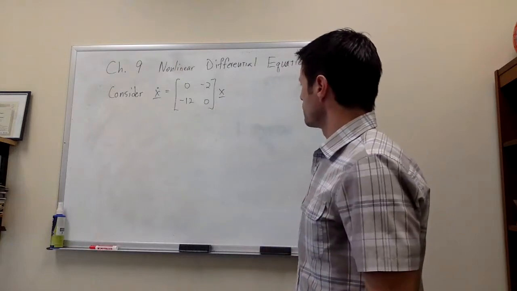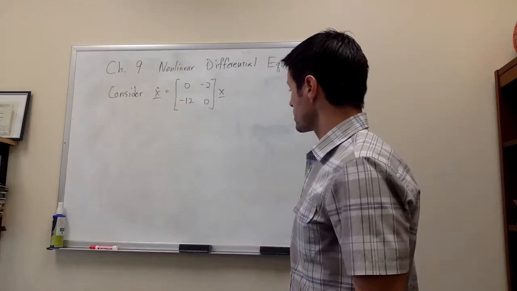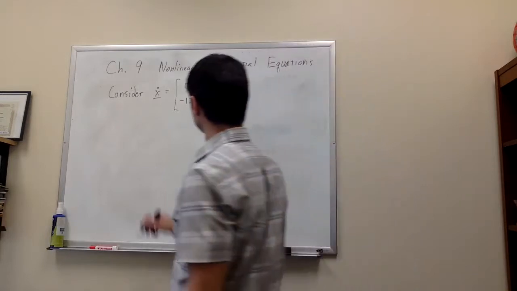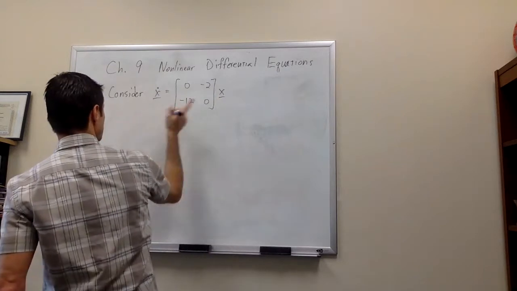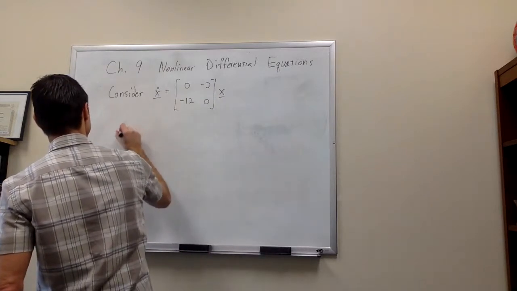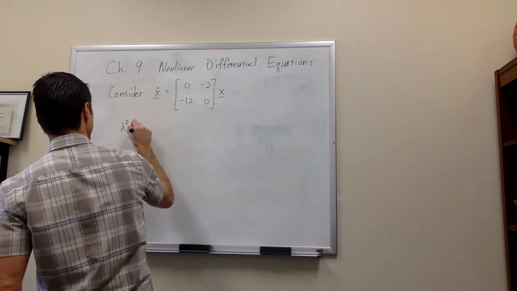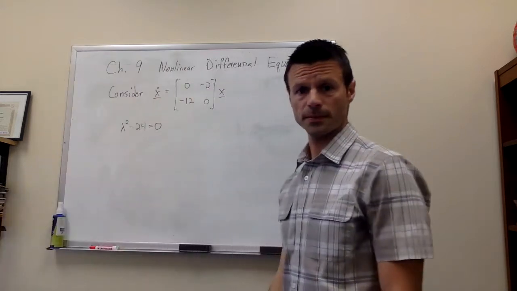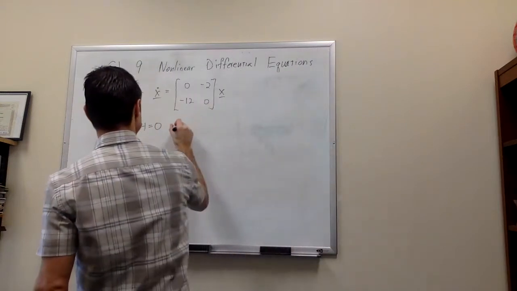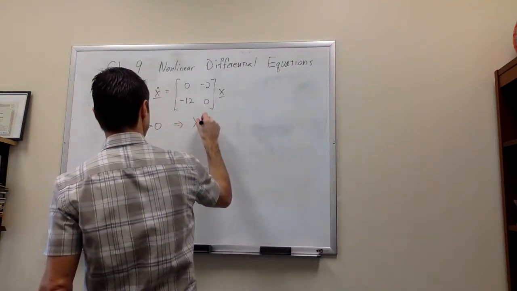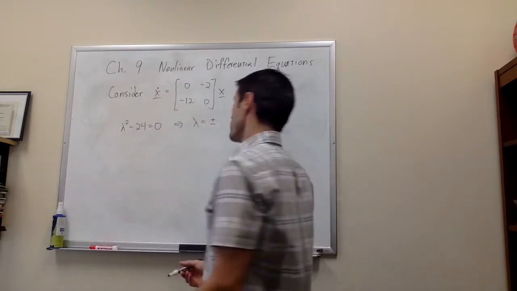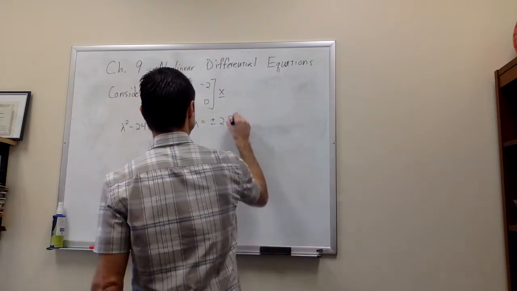To analyze this linear system, we find the eigenvalues. It's pretty easy to see that the characteristic equation is lambda squared minus 24 set equal to 0. And then this leads to eigenvalues equal to plus and minus the square root of 24, which simplified is 2 root 6.